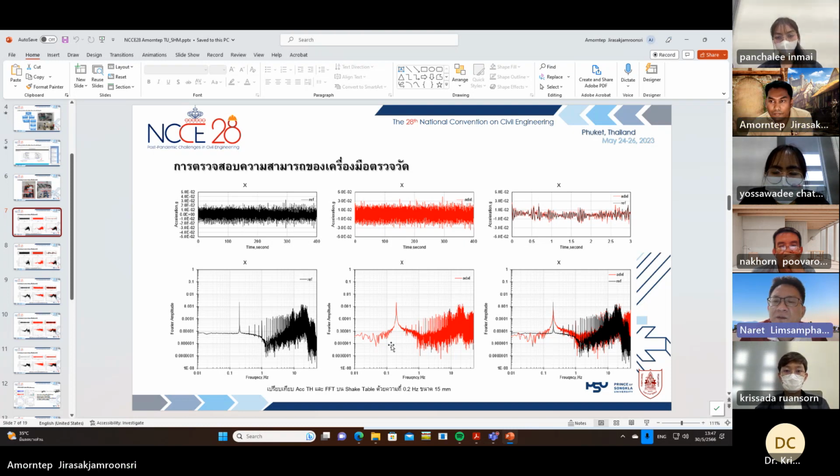What about the time domain? You have some numbers, like the maximum vibration? I did not mention it in this slide, but it is approximately 0.015 or 0.02 G something.